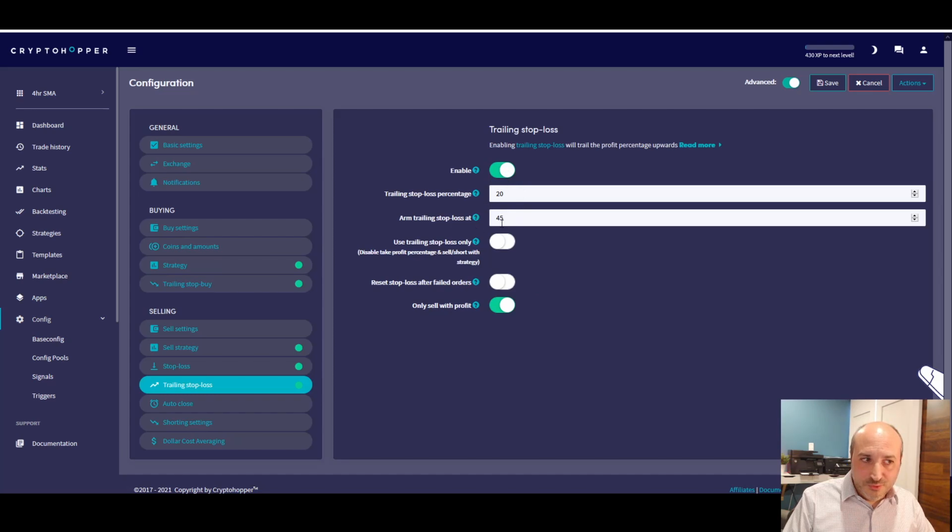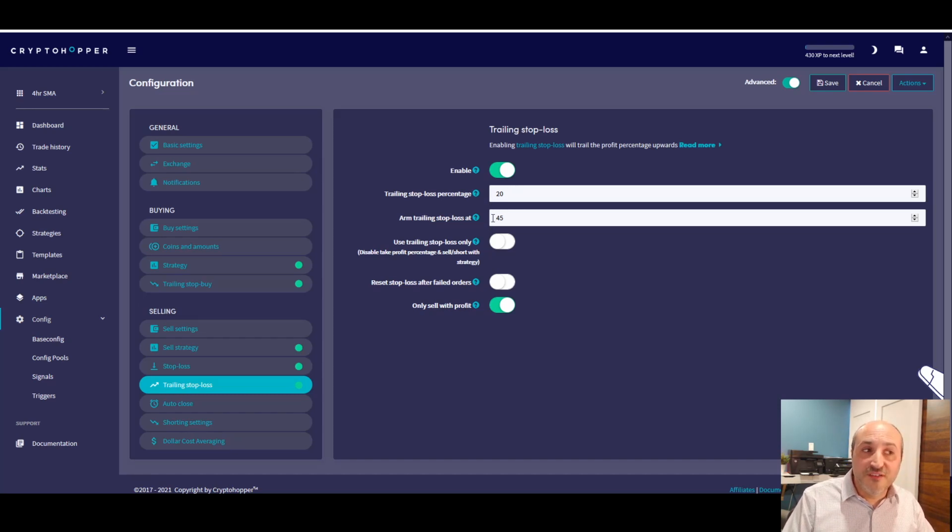So don't look at those numbers, because I'm currently testing a brand new strategy I'll be talking to you about in the next video, probably next week. But anyway, at this point your trailing stop loss arm should be probably around 3 to 4%, maybe 5%, and for your trailing stop loss, try to go somewhere in between 0 and this number.